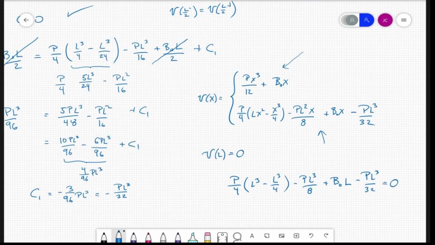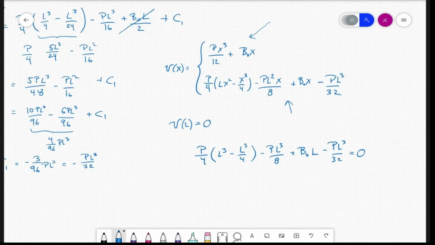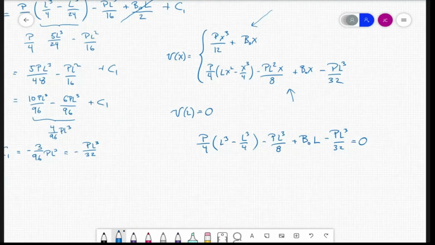And we can solve this for B0. So this is 3/4 minus, this is 3/4. So I get 3PL cubed over 4, which I've got to put all over 32, I guess, right? Everything has to go to 32.